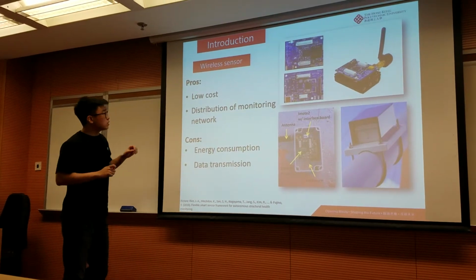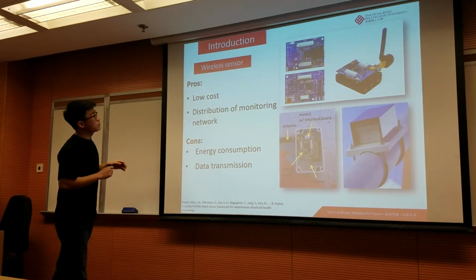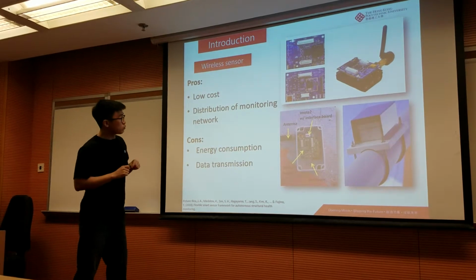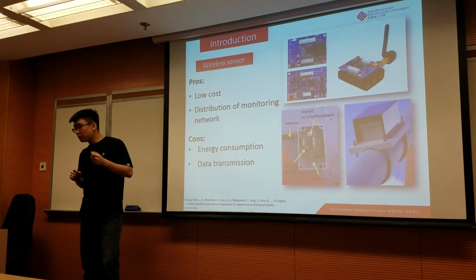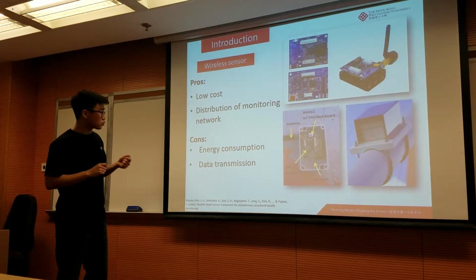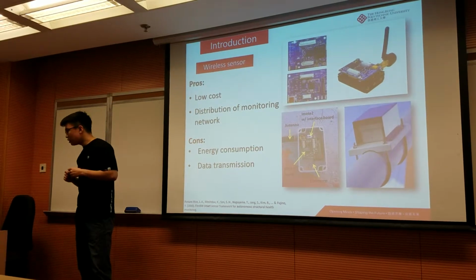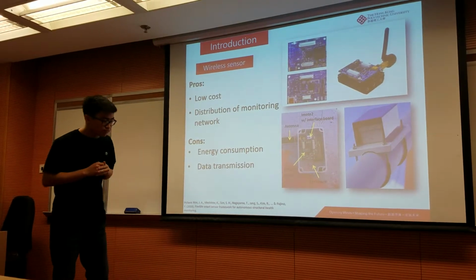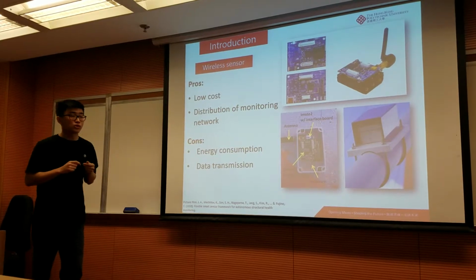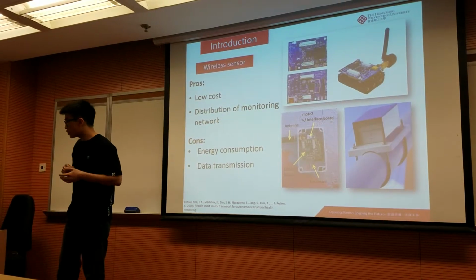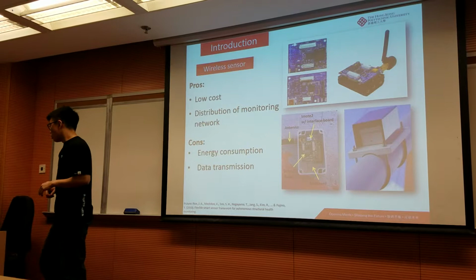So the installation cost of the wireless sensors is quite low, which means we can conduct easy distribution of the monitoring network. There are also some limitations about wireless sensors. For example, the energy consumption can be a problem.